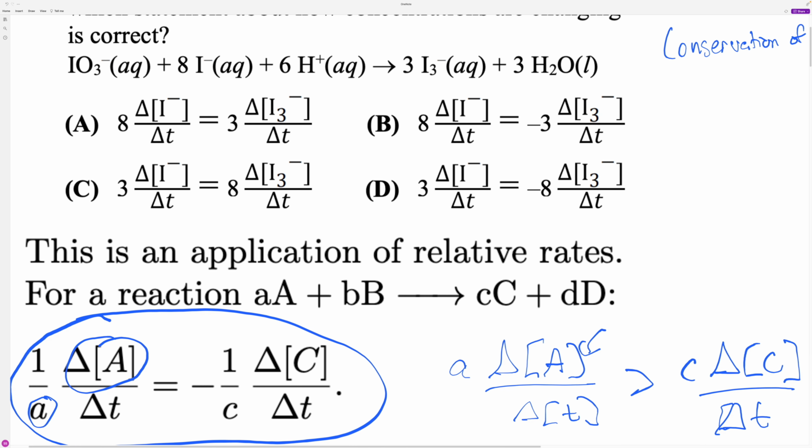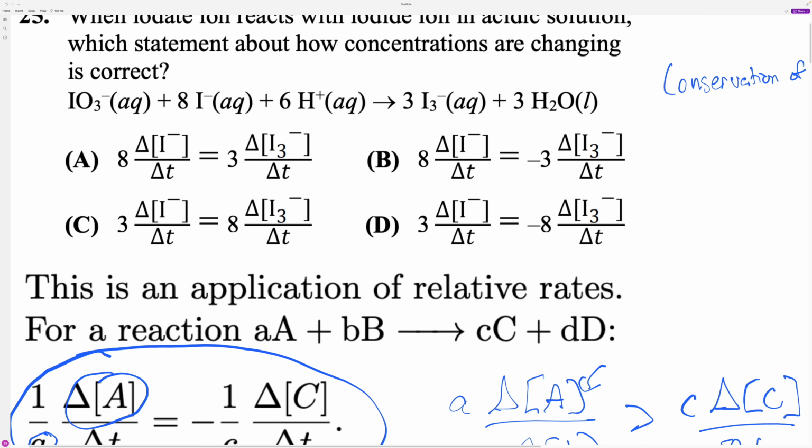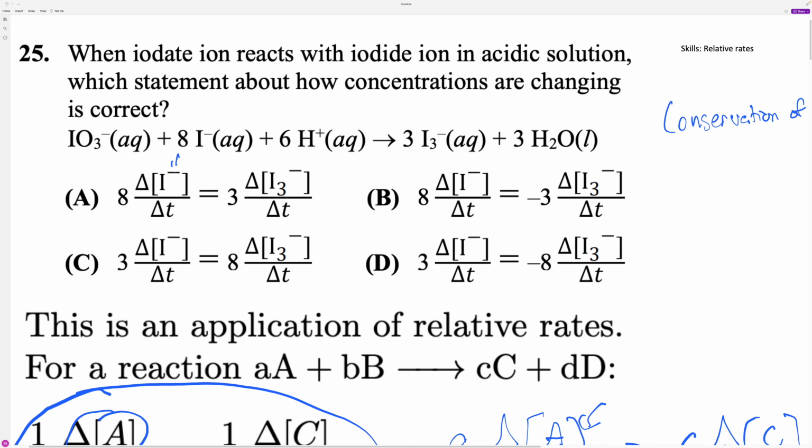So we're just simply going to apply this relative rates thing, and looking at the coefficients that we have, I minus here has a coefficient of 8, and that's going to be our A here, and our I3 minus is going to have a coefficient of 3, so it's going to be 3.